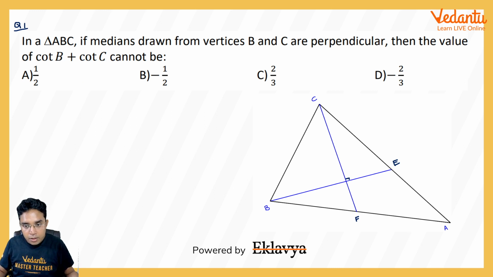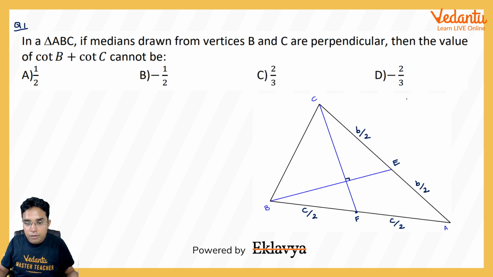Now here I will make use of some properties. F is a midpoint because CF is a median. So this length AB being c, I can say this will be c by 2 and this will be c by 2. Similarly, E being the midpoint of AC, I can write this as b by 2 and this also as b by 2.